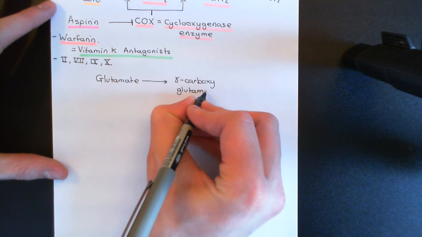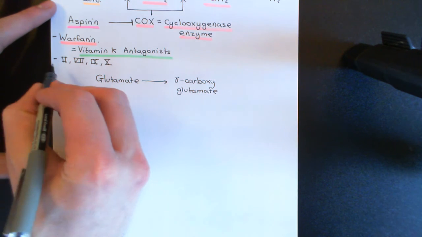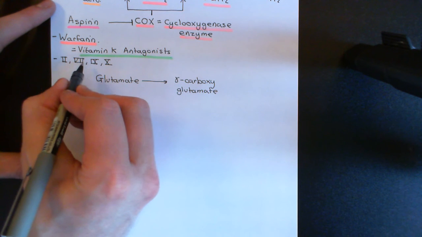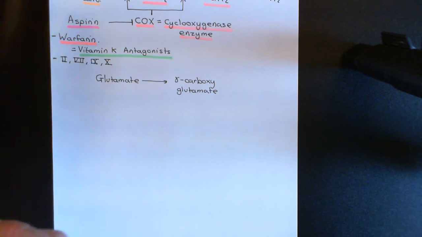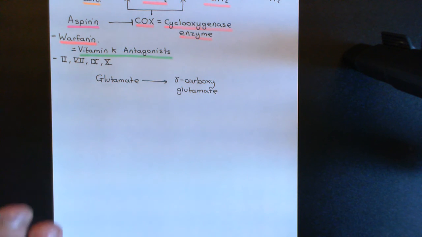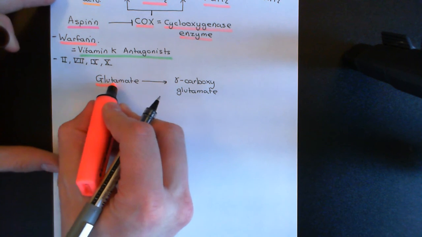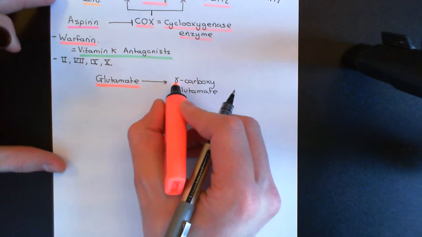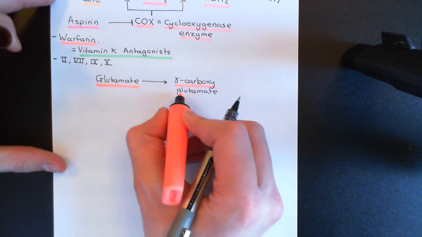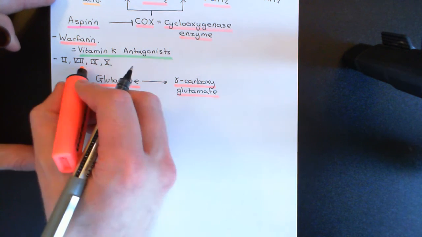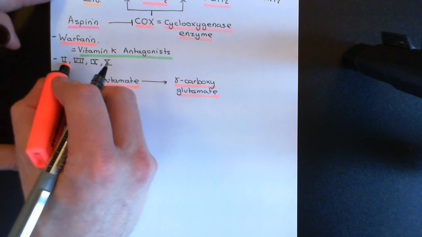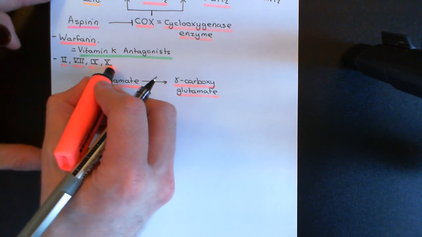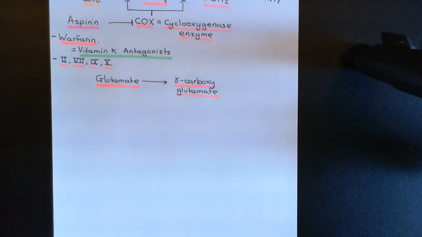These gamma-carboxyglutamate residues in coagulation factor 2, 7, 9, and 10 molecules are absolutely essential for the correct function of those factors. If you do not convert the glutamate residues into gamma-carboxyglutamate residues, these coagulation factors will no longer function properly, and you will lose the intrinsic and extrinsic coagulation cascades.